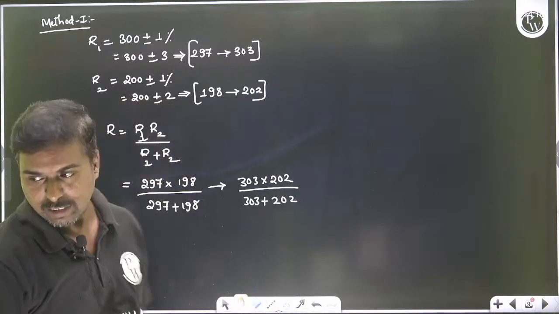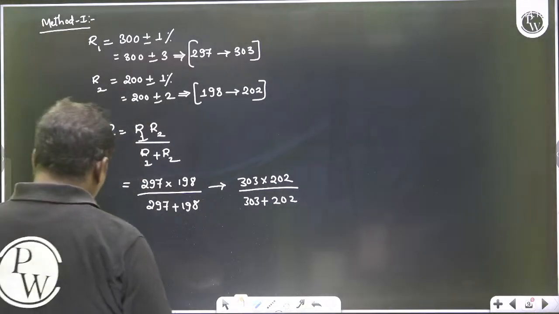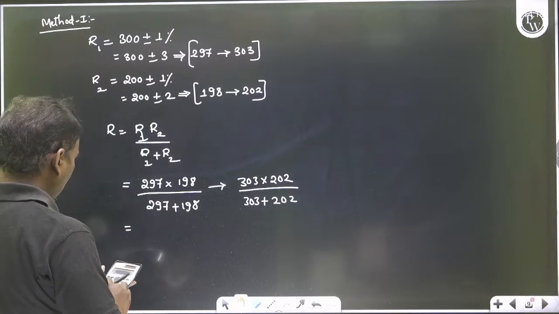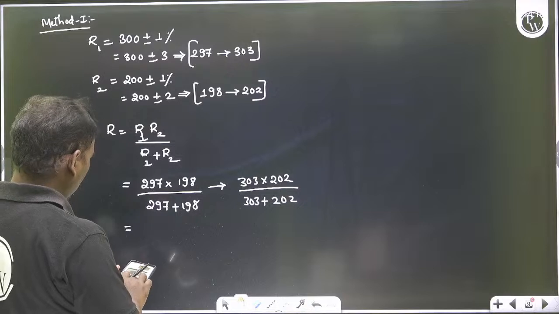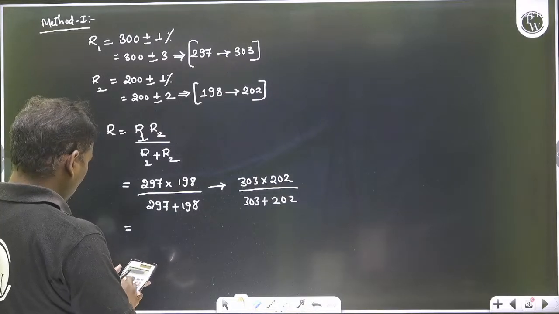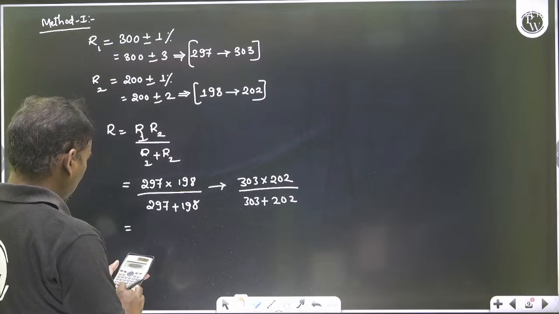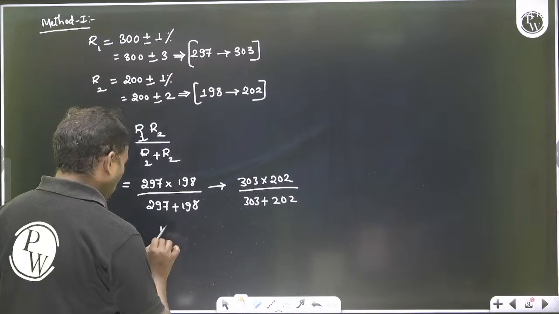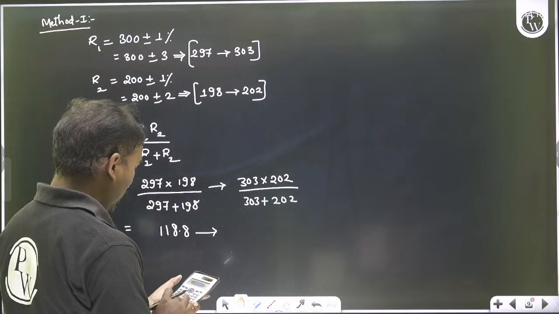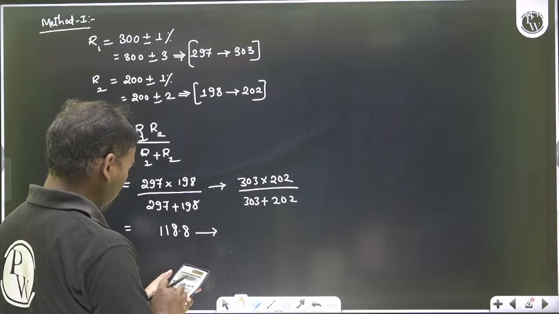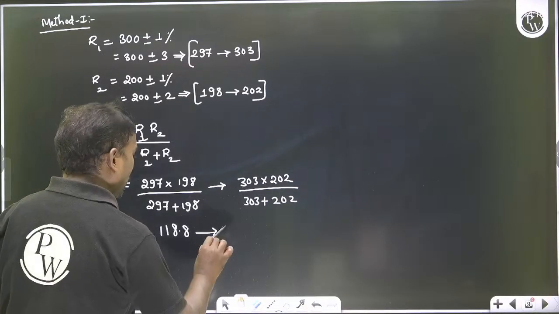So what do I get? 297 into 198 divided by 297 plus 198 is 118.8, and 303 into 202 divided by 303 plus 202 comes as 121.2.